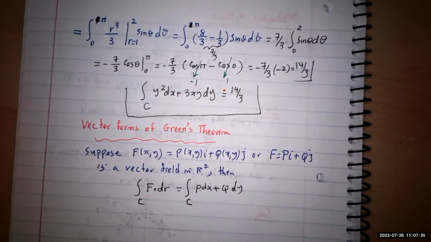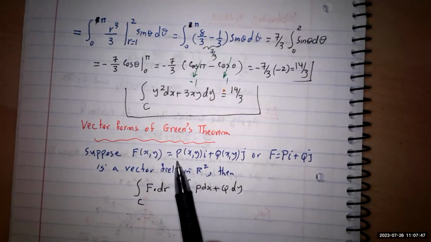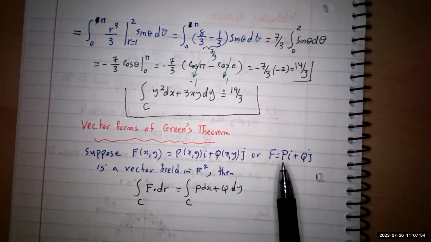Since I want to do it in three dimensions, I can imagine this is P, Q, and the next one is 0, for example, 0 times k, so I'm not going to lose anything.